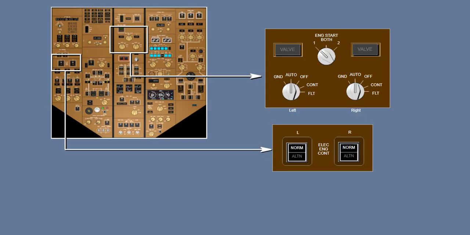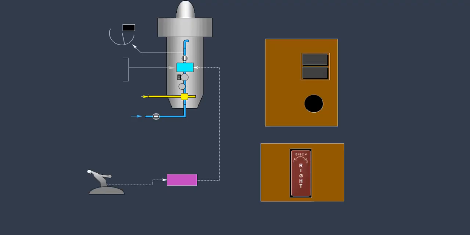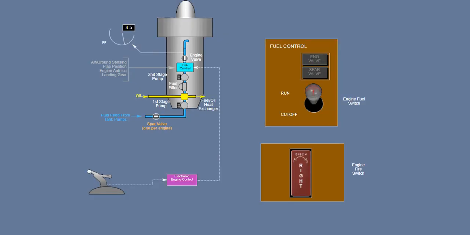The EEC's switches and start panel are located as shown. We'll now describe the operation of the EECs. The thrust system consists of a dual-channel, full-authority electronic engine control unit, or EEC.